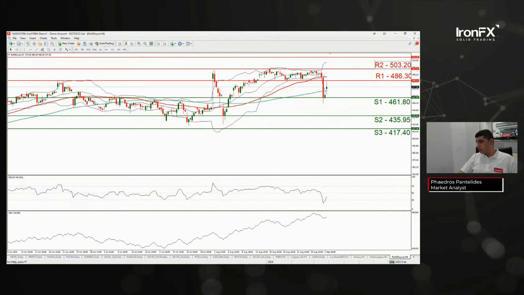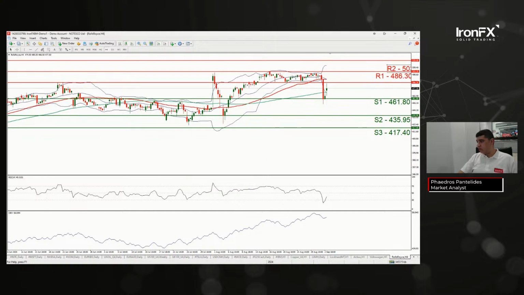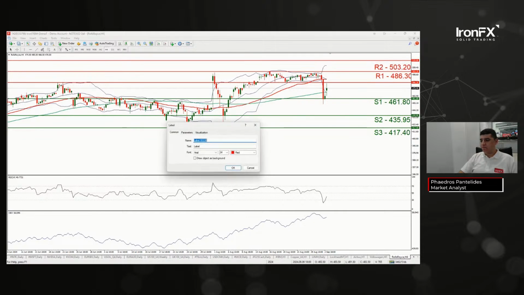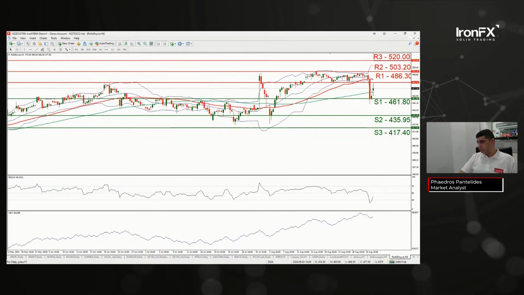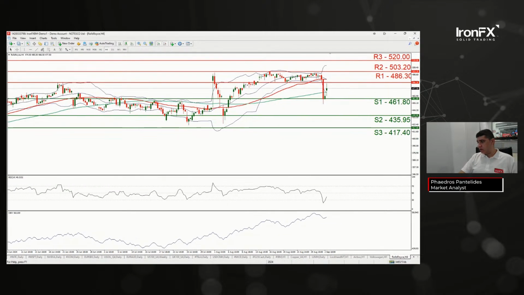And then for R3, as we've discussed and said together, 520. Although that R3 might be a bit too ambitious. Still, we'll be placing it, and whether we are right or wrong, only time will tell. So that is R1, R2, R3, S1, S2, and S3.